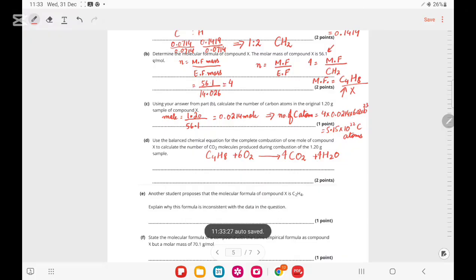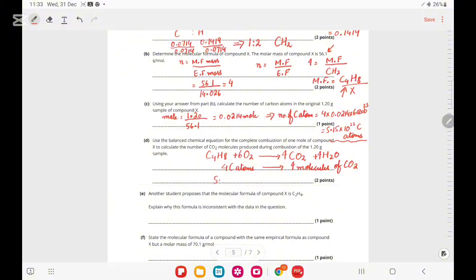Now if you can see here, there are 4 carbon atoms on the left hand side, and they are producing how much? 4 molecules of CO2. In the previous question, how many atoms of carbon were there?